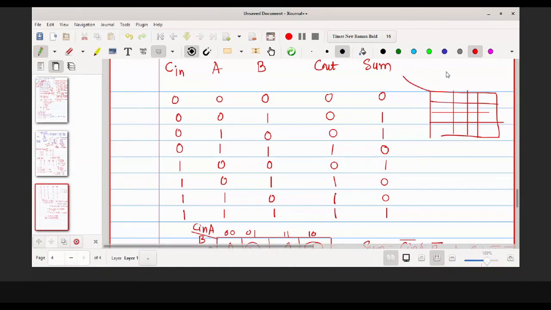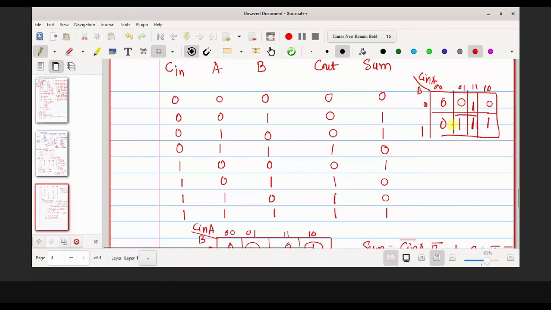Oh, sorry, I made it for 4 variables. C in, A, B, so 0 0 0 1 1 1 1 0 0 1. So just 0, then 1, then 0, then triple 1. So I can form groups like this: first group, second group, and the third group.